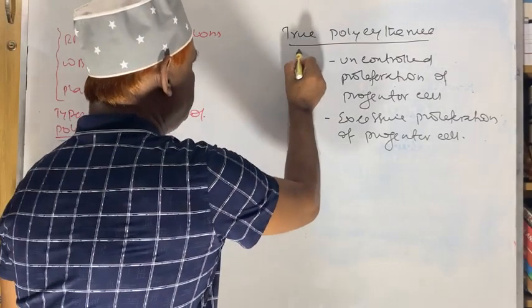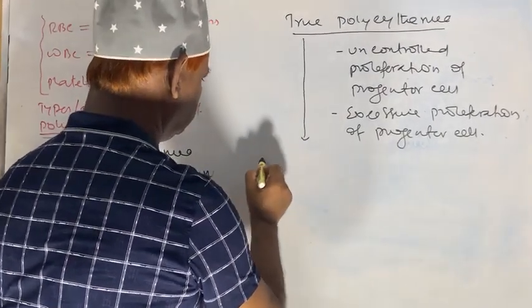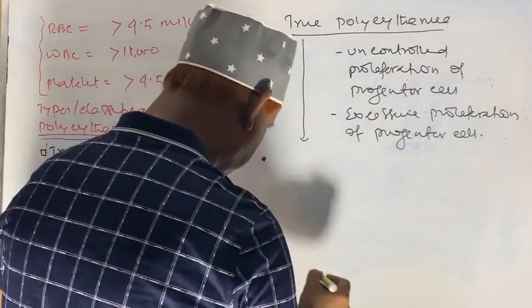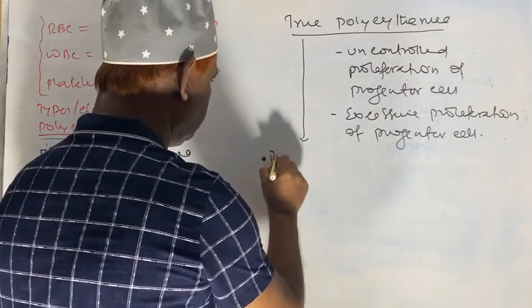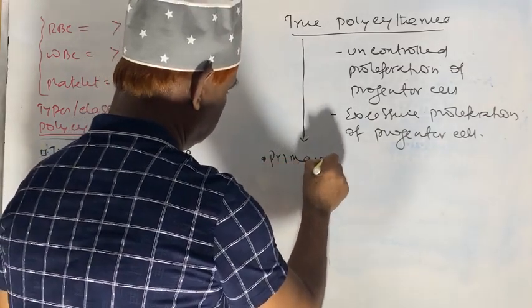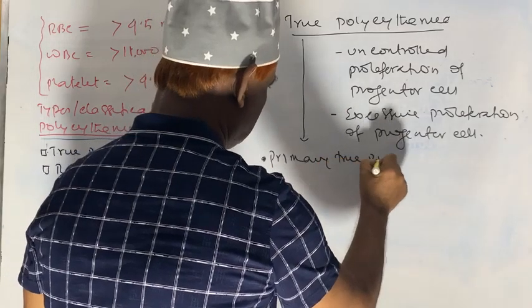True polycythemia may be primary true polycythemia.